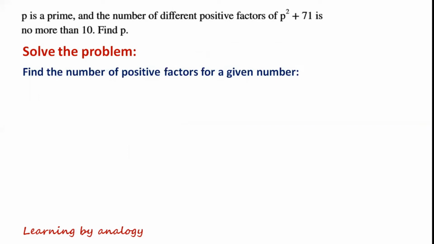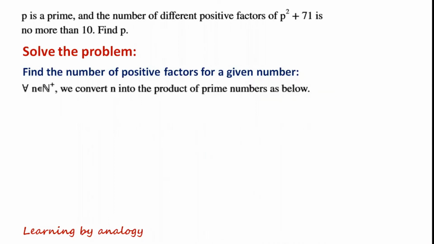Now we find the number of positive factors for a given number. For all n in the set of natural numbers without 0, we convert n into the product of prime numbers as shown below.